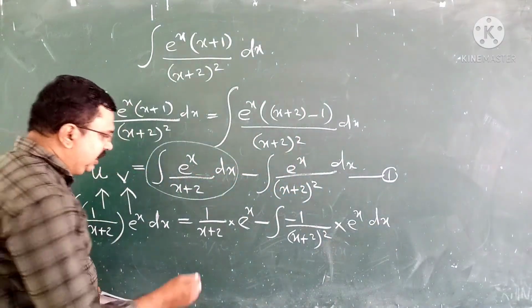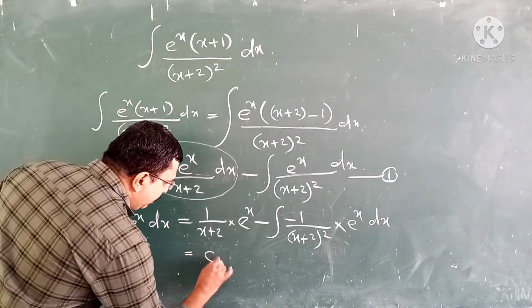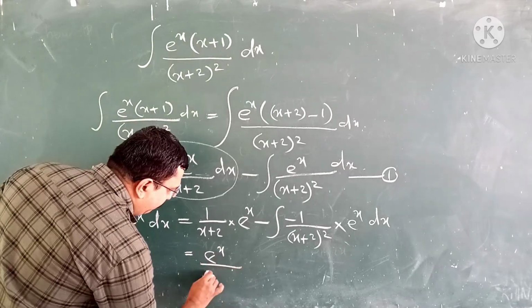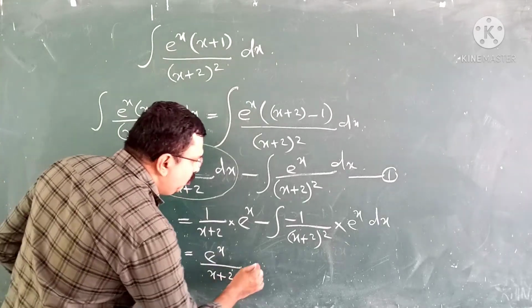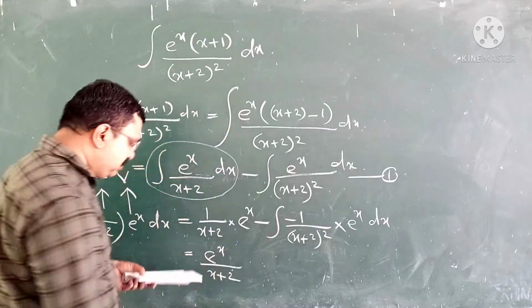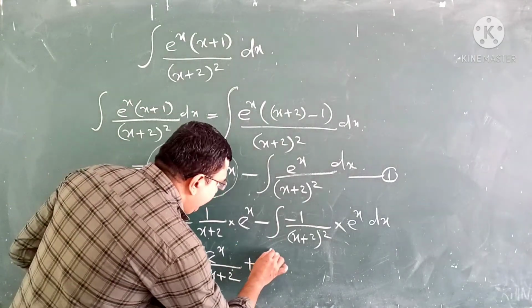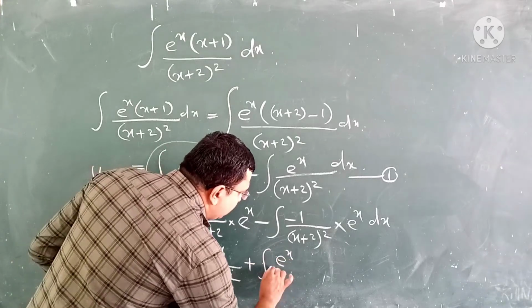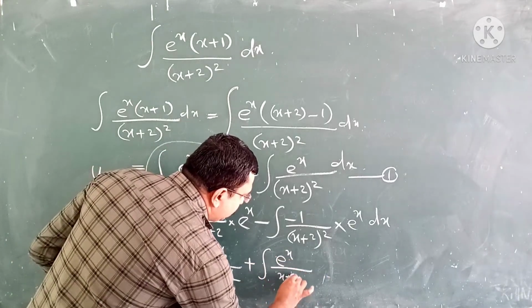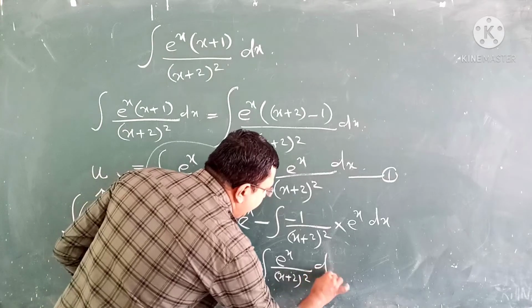Which is equal to e raised to x divided by (x plus 2) minus, and minus will become plus, integral e raised to x divided by (x plus 2) square dx.